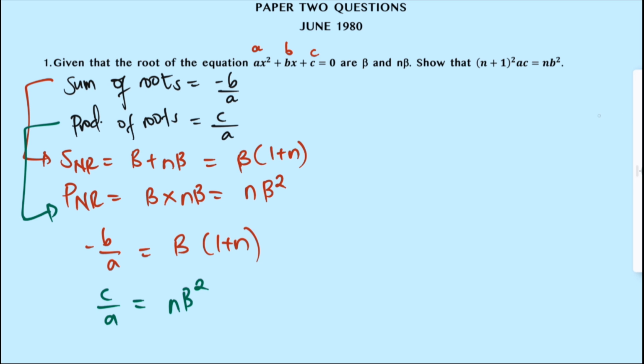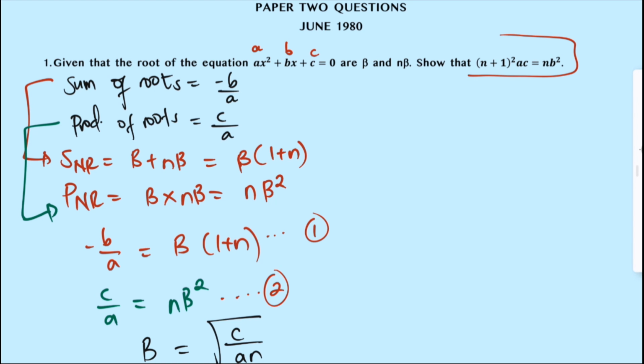So since we're trying to show that this is this, you can notice that there is no beta in that formula, so it means we need to eliminate it. So I'm just going to go ahead and make beta the subject of the formula. Let's just call it equation 2, equation 1, right? So if I make beta the subject of the formula, this would be beta is equal to the square root of c over a n. First of all, divide by n, take the square root, and there we go.